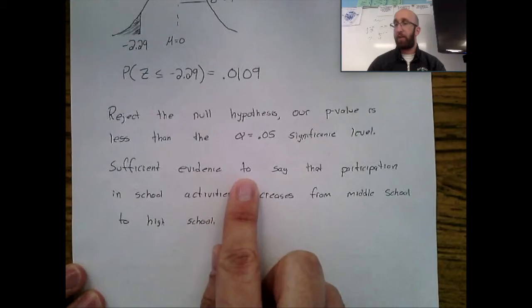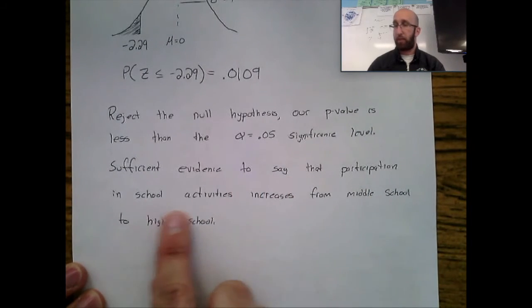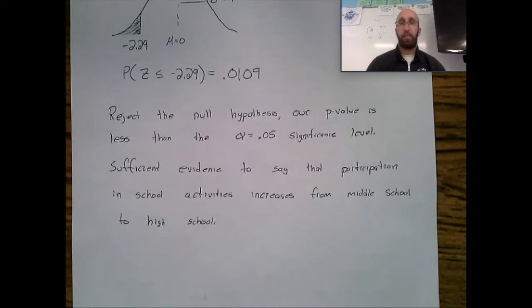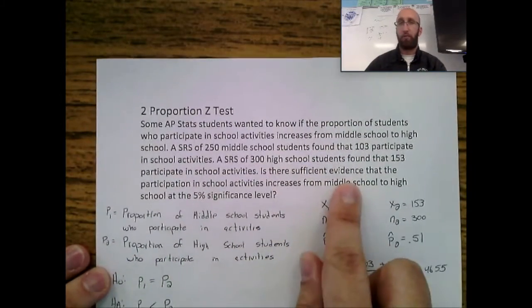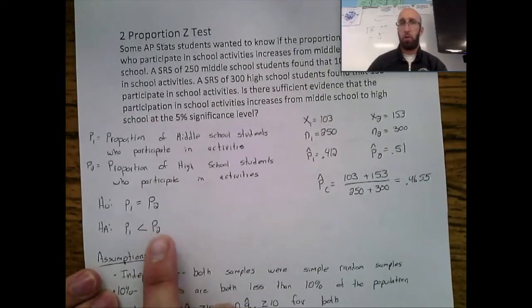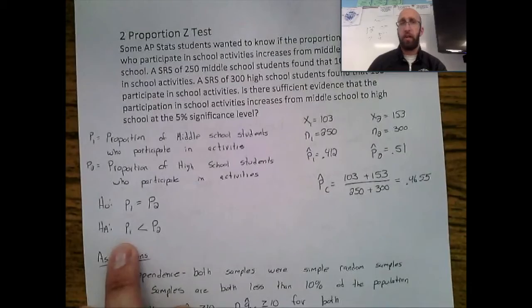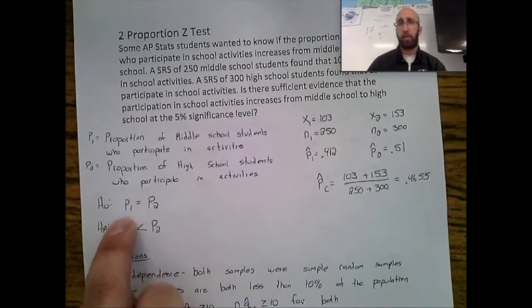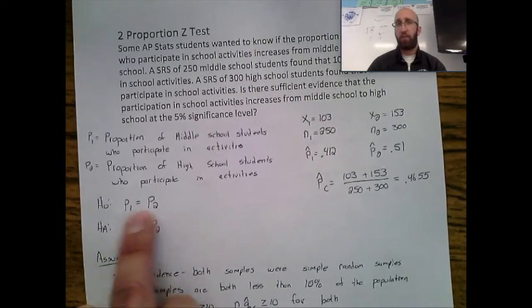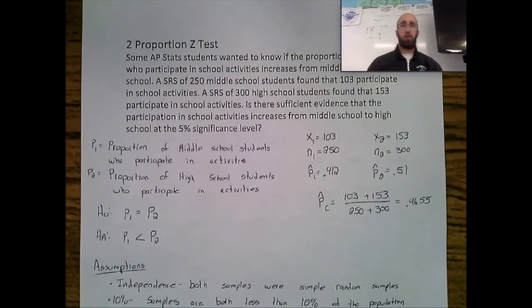There is sufficient evidence to say that the participation in school activities increases from middle school to high school. That's what we are trying to seek evidence for: that the proportion of high school students in activities, P2, is bigger than P1. So we rejected the null hypothesis and have sufficient evidence for our alternative.